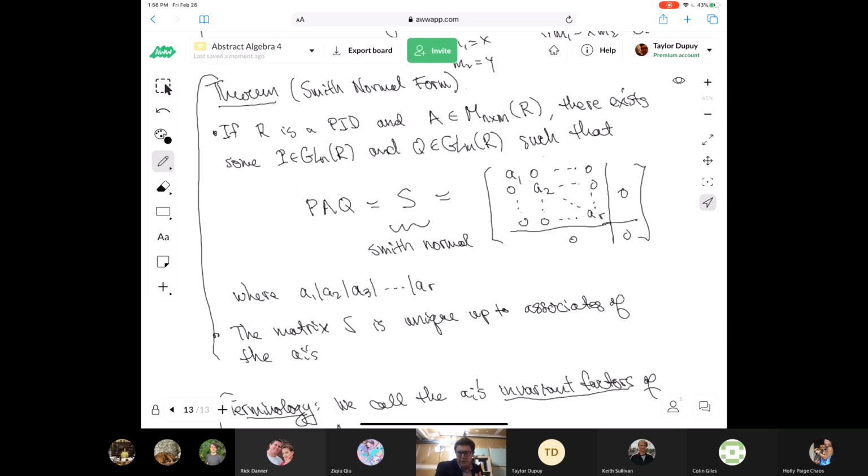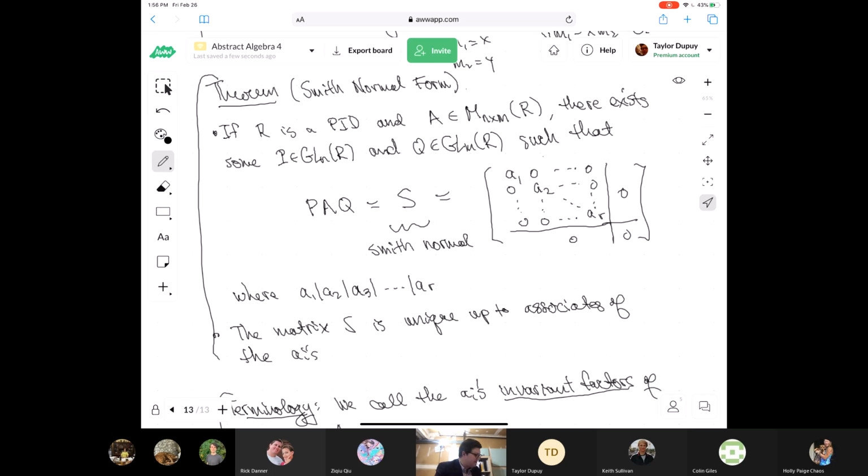What we did is we get a presentation. The presentation essentially boils down to this matrix A. A tells you what the relations among the generators are.